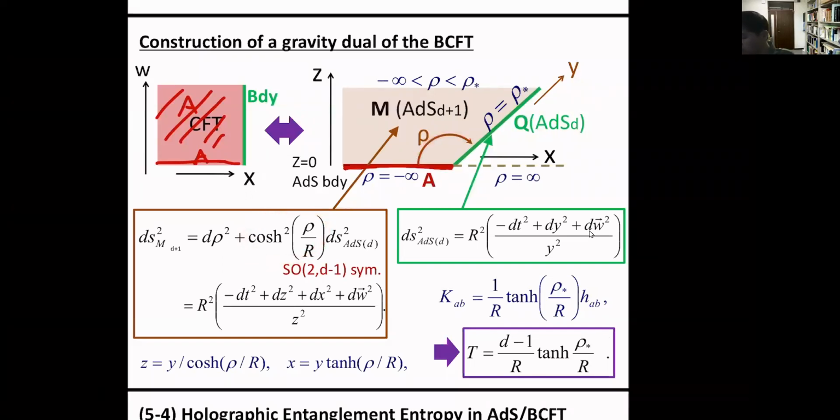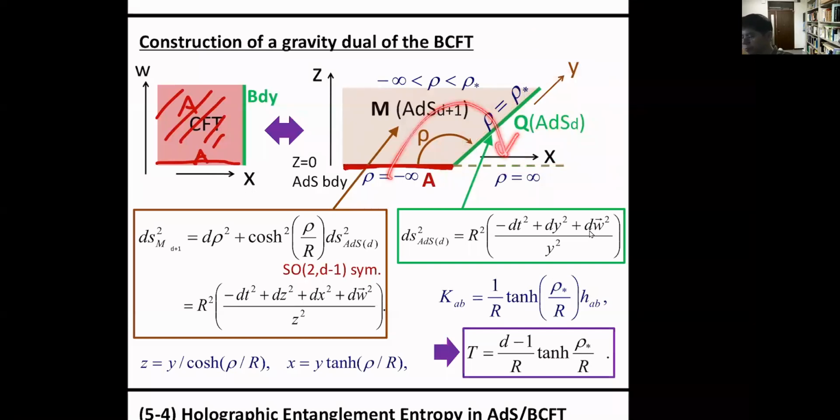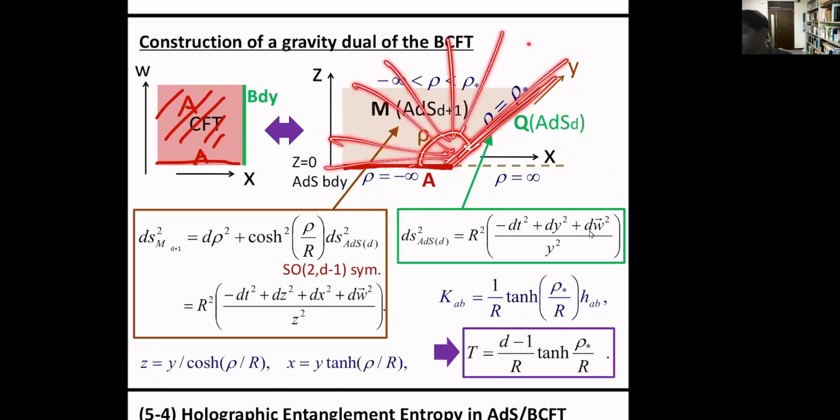Rho equals minus infinity is just this boundary, and rho gradually increases, and rho equals 0 is really this vertical plane. Positive rho goes this way, and as rho goes to plus infinity, you get this surface, half of that. And we terminate at some rho equals rho star at this point, right? Then we have this space. So this is a gravity dual.